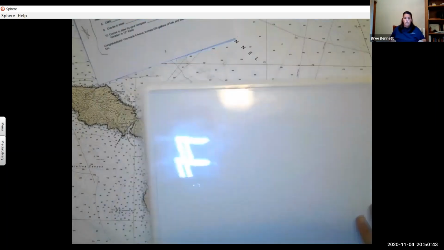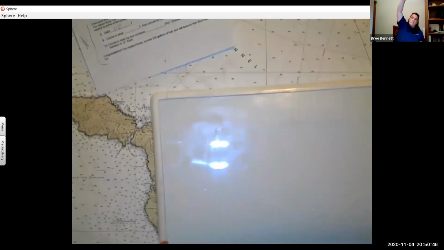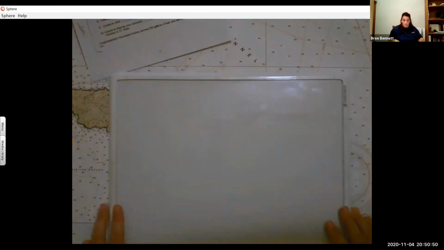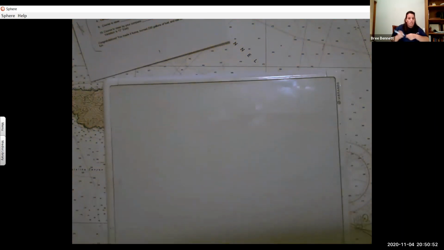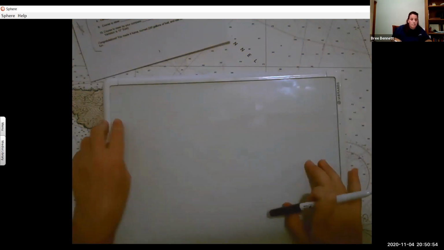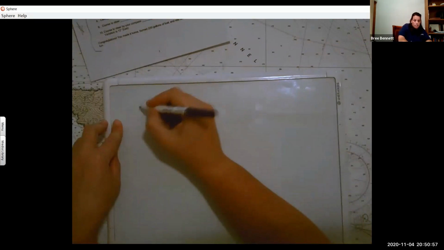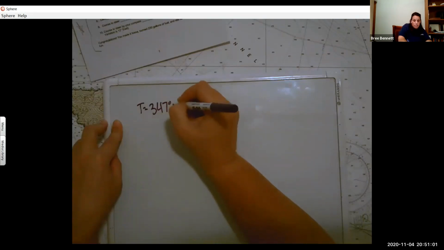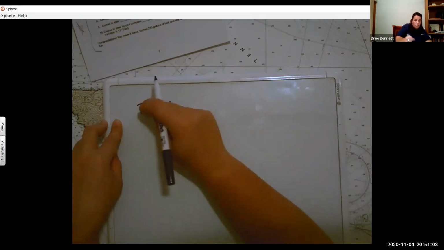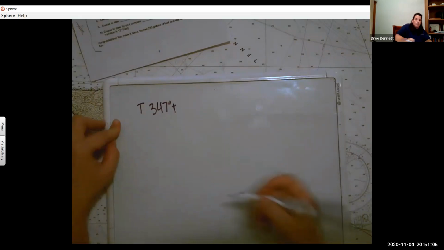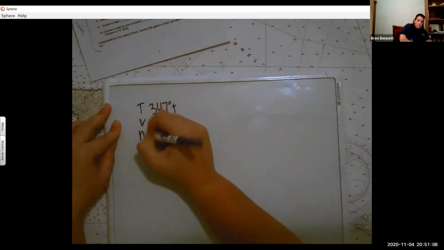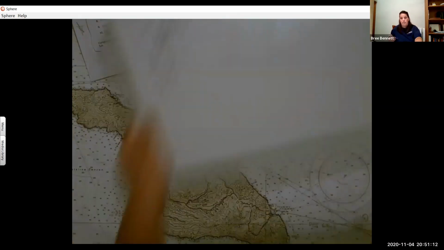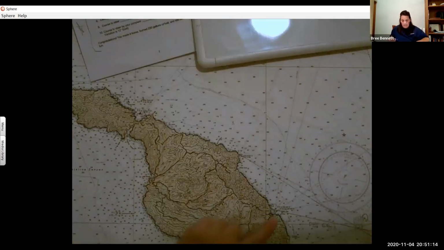Okay, so let's start. Turn these off so we can see the whiteboard. So for number 1, we depart Avalon on a true course of 347 degrees true. What is your compass heading? So I first am actually going to plot from Avalon.